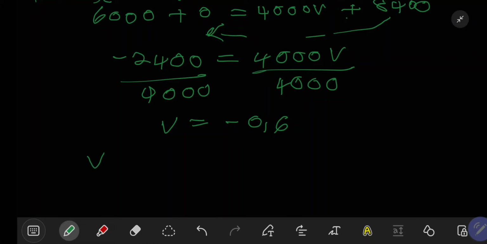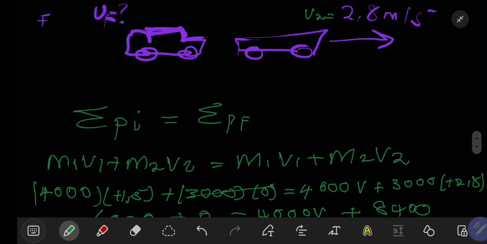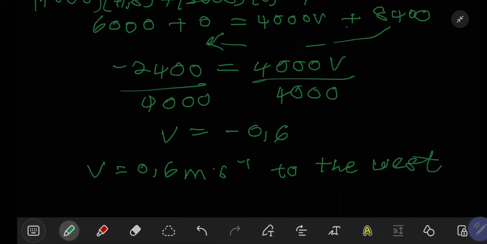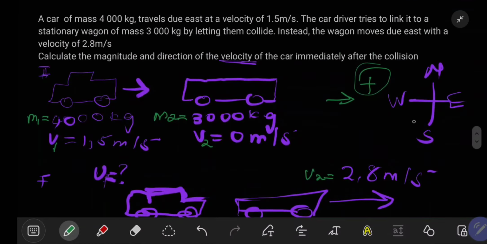So the velocity of the car after the collision is now 0.6 meters per second to the west, or in the western direction, because this is what the negative sign is telling us. If motion going to the east is positive, any motion going in this direction has to be negative. I hope you understand this question and how we came about the solution.